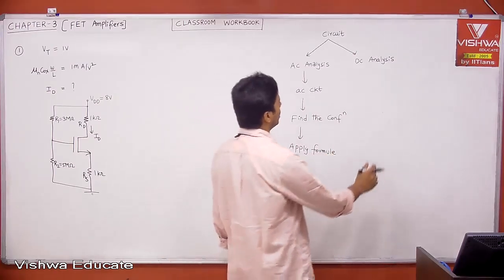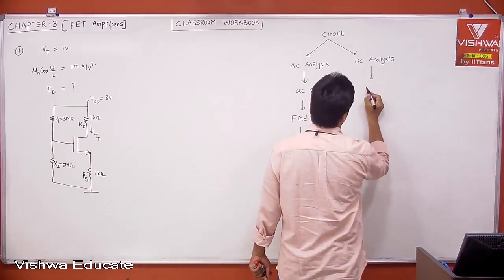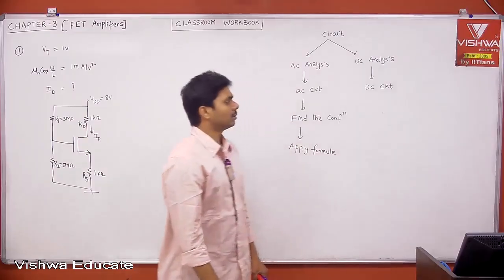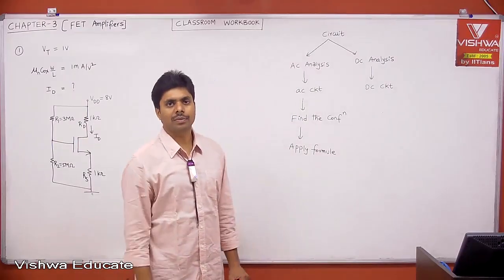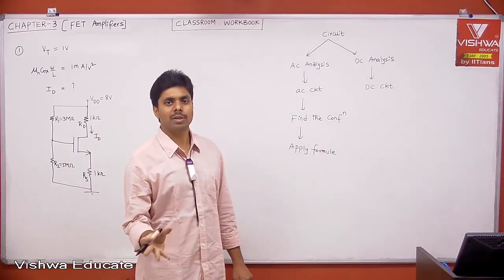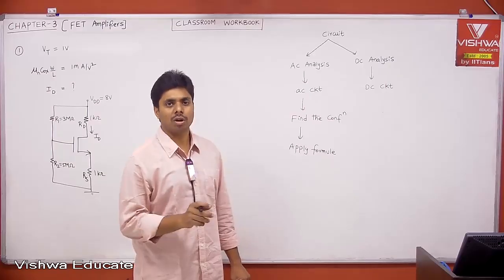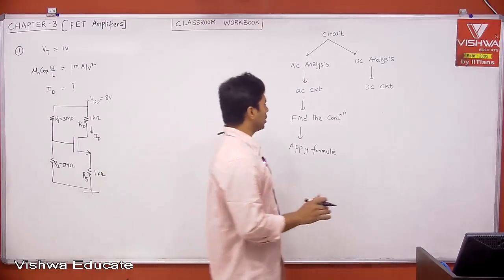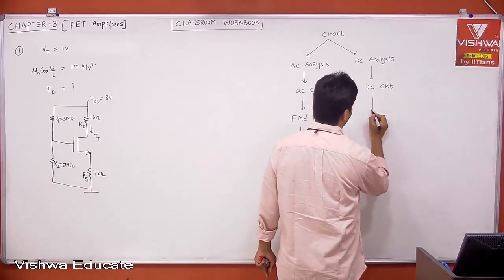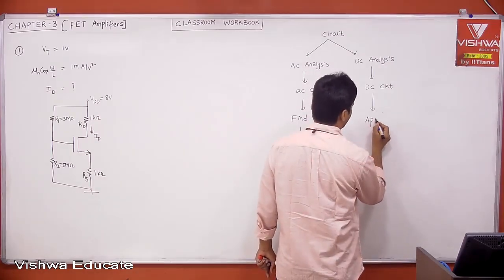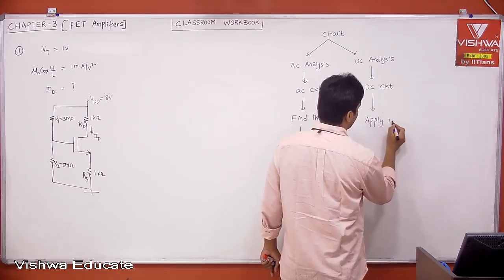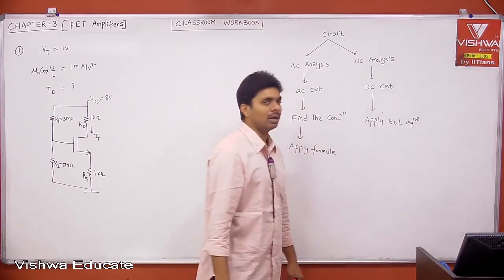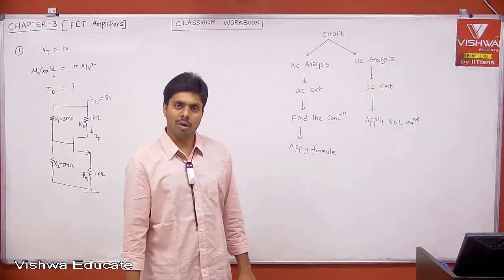Now, if the problem is related to DC analysis, then get a DC circuit. How to get the DC circuit? All AC signals are to be taken out, and for DC a capacitor acts as an open circuit, and for DC an inductor acts as a short circuit. We have to take the DC equivalent representation. In the DC circuit, apply KVL equations, either at input or output.